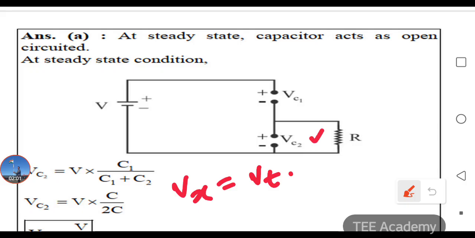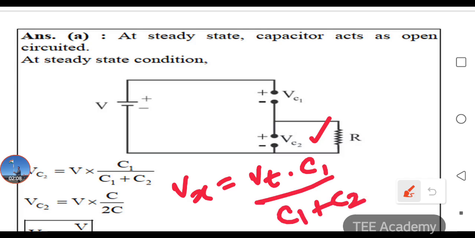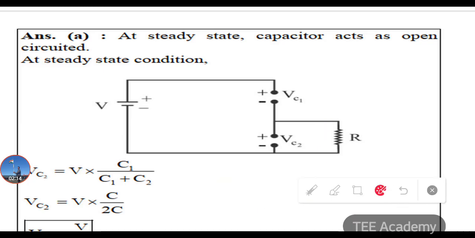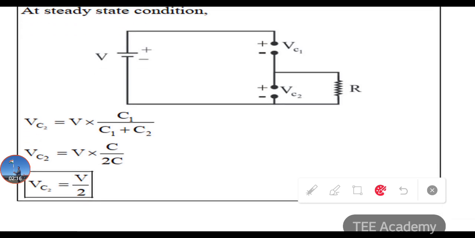So here you want to find VC2, so it is C1 divided by total capacitance C1 plus C2. Now after applying the same formula with C1 equal to C2, the answer will be VC is equal to V by 2. So that is the answer for this question.